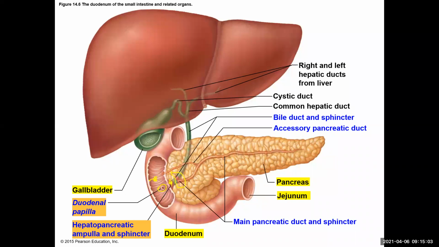Do you remember which hormone controls this sphincter? We did this in chapter number 9. It was the last table in chapter number 9. Does anyone remember the name of the hormone which controls opening and closing of this sphincter? Nobody? Yes, ladies.